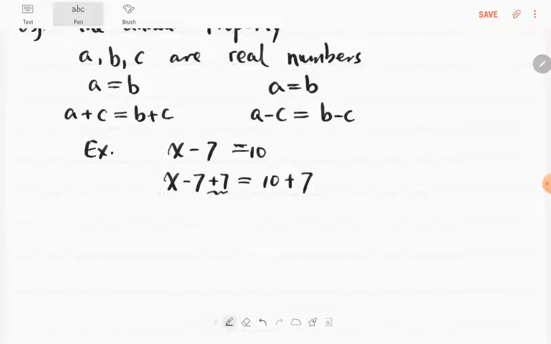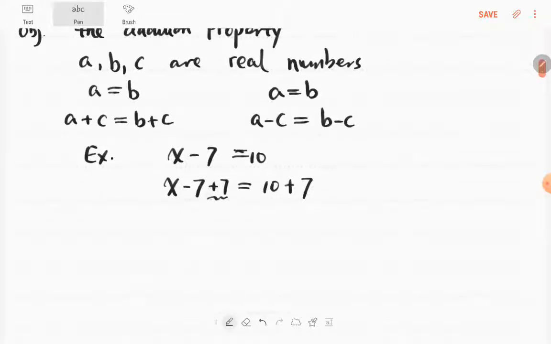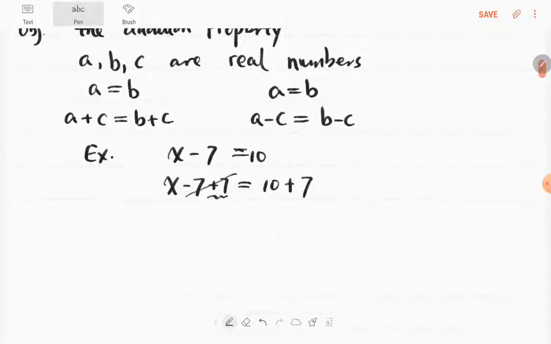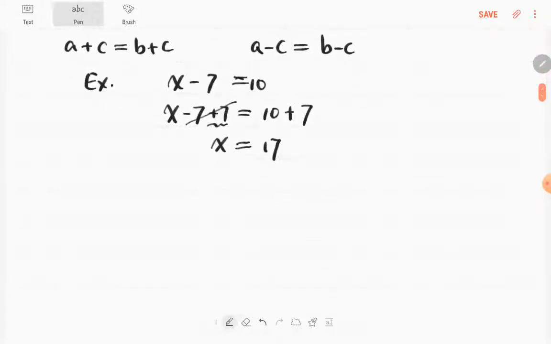Then the equation remains the same. But minus 7 plus 7, we can cancel out. After that, we can get the solution of x. So both sides add the same number will not change the solution of x.